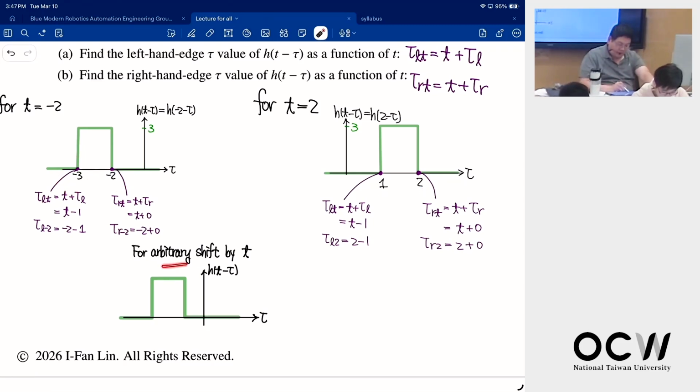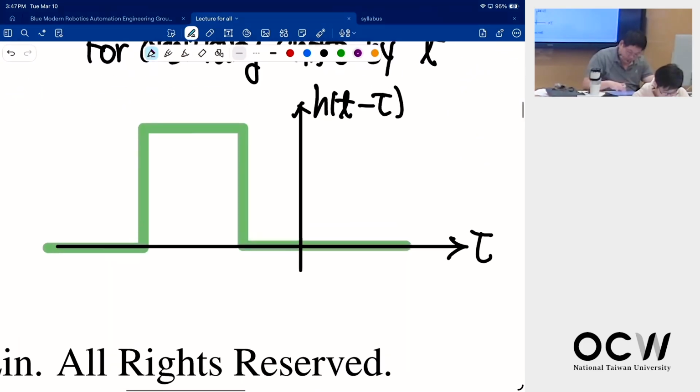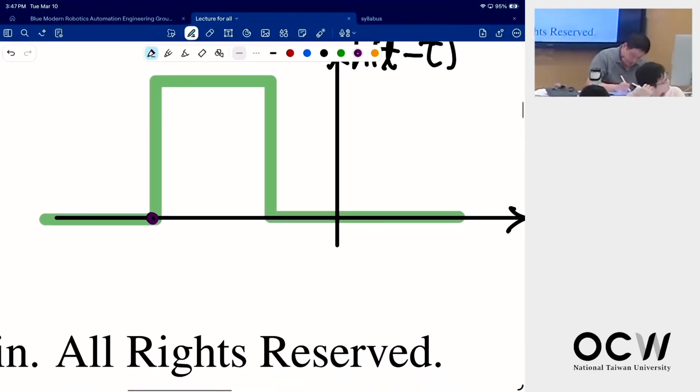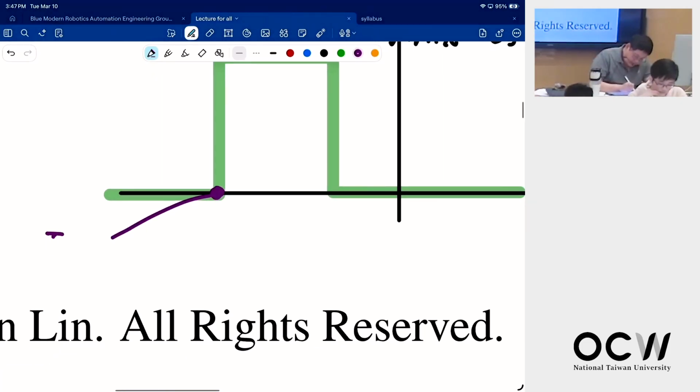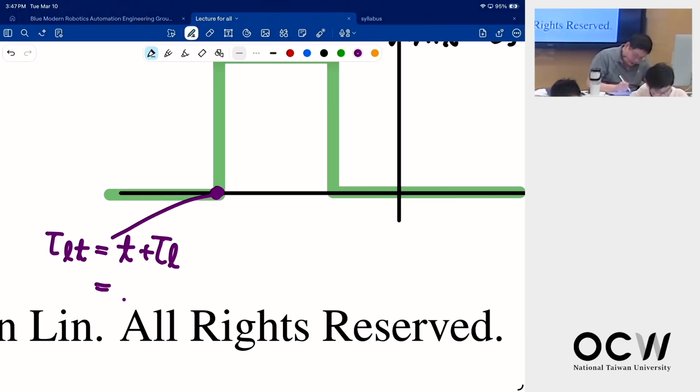But if I just shift by t, I'm still using this. So for this point, that's tau left and t, that's t plus tau left, so it should be t minus 1.